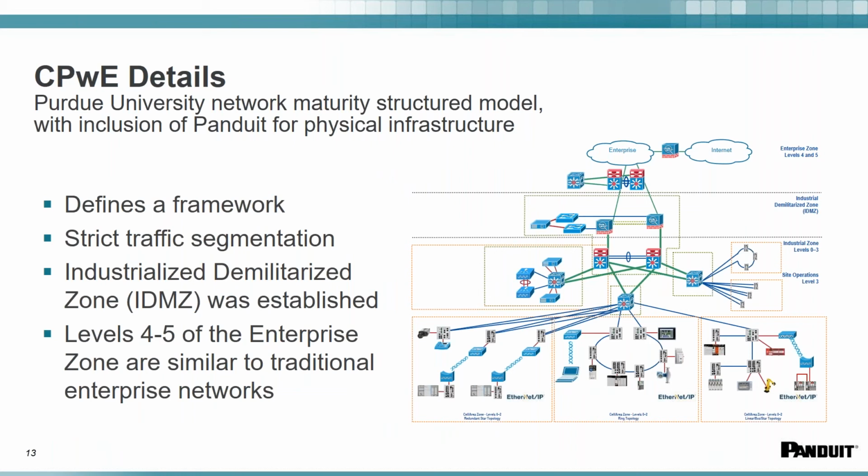So then let's take you down one more step to what we call a logically designed network. And this is where the notion of CPWE comes in, the Converged Plant-Wide Ethernet. It's an architecture that's been put together for many, many years by Purdue University, and it defines a framework for the industrial network devices, equipment, and basic network services, and how they should work together.